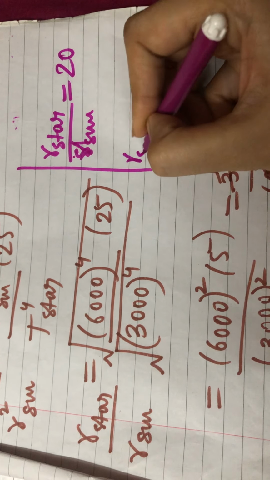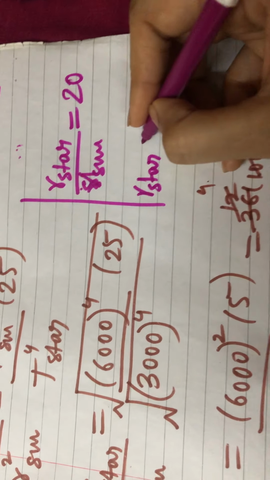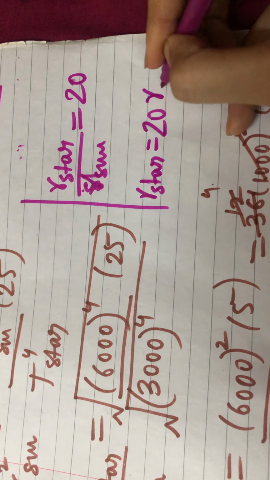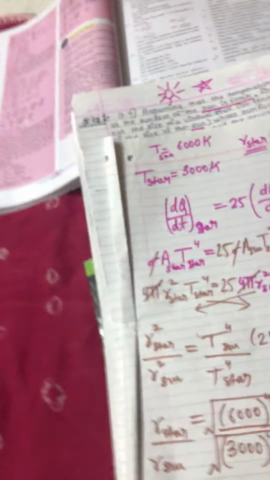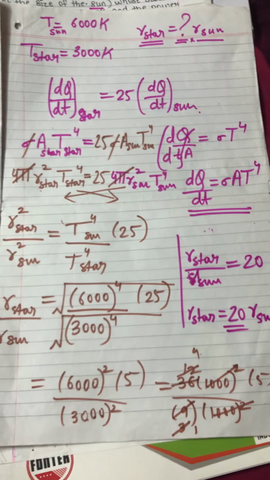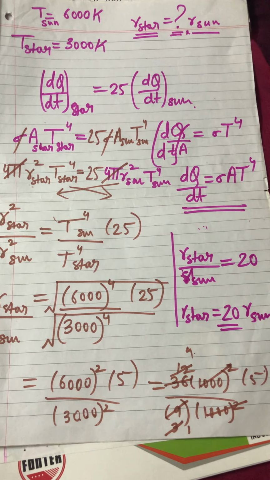So I can write it like this: radius of star, that is size of star, in terms of radius of sun. I got that number, and the numerical is solved. Okay.